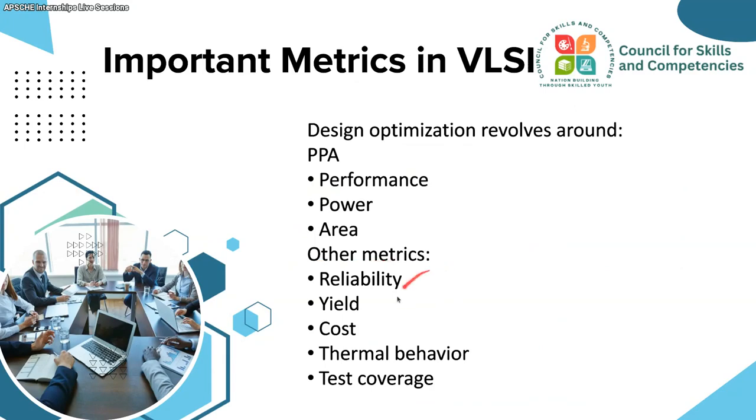And there are other metrics: yield, reliability, cost, thermal behavior, and test coverage. These are some of the other metrics we want to take care of when it comes to the design. The performance should be high, with low power and low area, and other metrics like reliability, yield, cost, thermal behavior, and test coverage. Those things they have to look into.